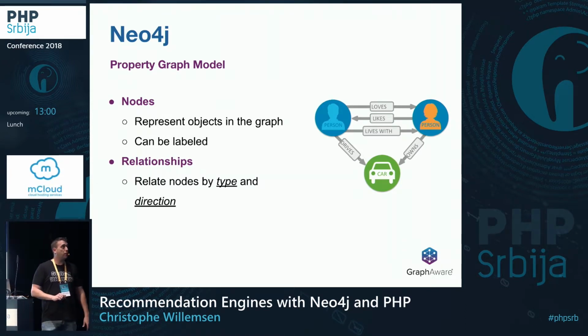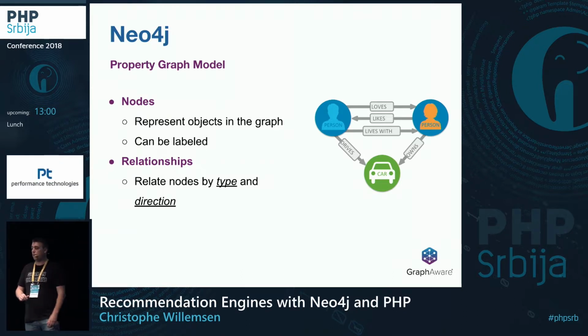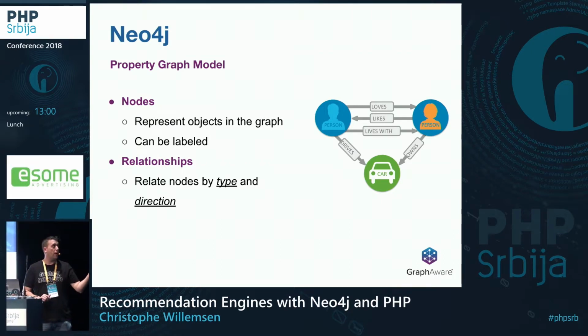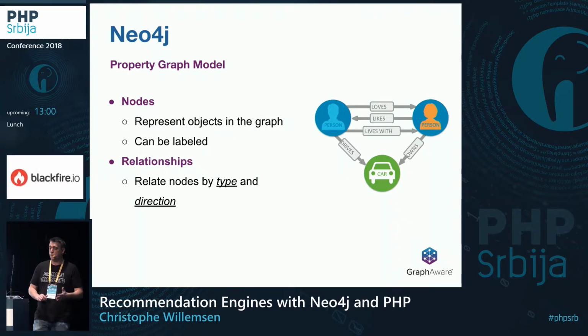And nodes are connected together by relationships. Relationships relate nodes by type. So loves, likes, lives with, owns, drives are types of relationships. So for nodes we have labels, for relationships we have types. And relationships have a direction.